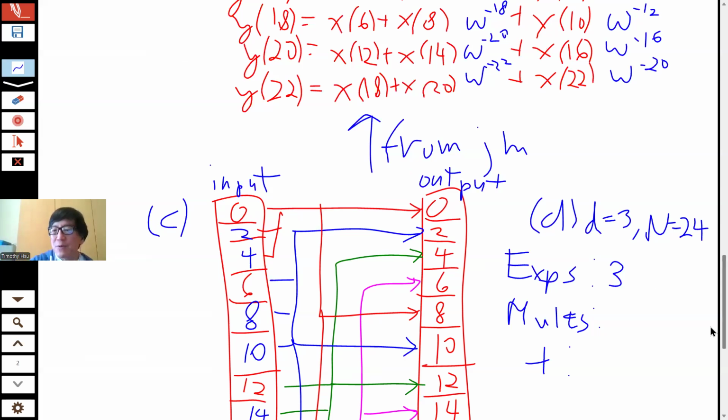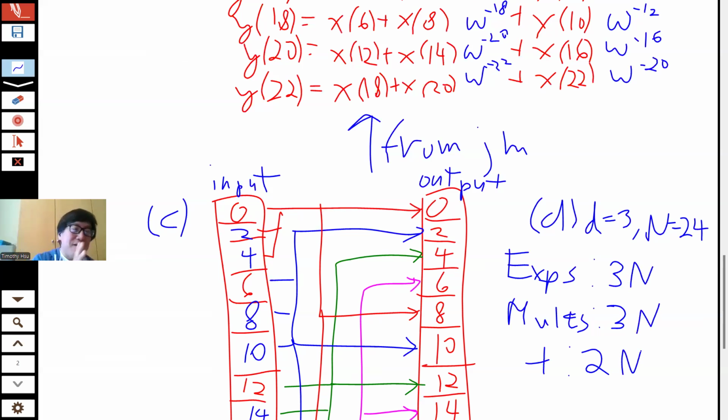So there's 3 exponentiations and 3 multiplications, as you can see right above this. You can see 3 multiplications in every equation, and 2 additions because it takes 2 sums to add 3 things together. So that's the number of things happening in every equation. And remember the number of equations is always capital N, right?